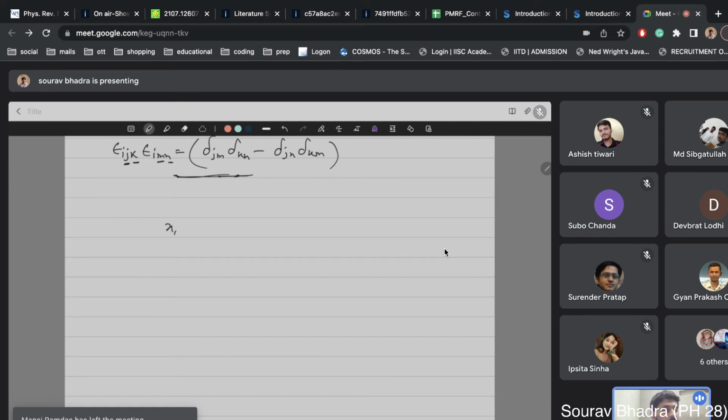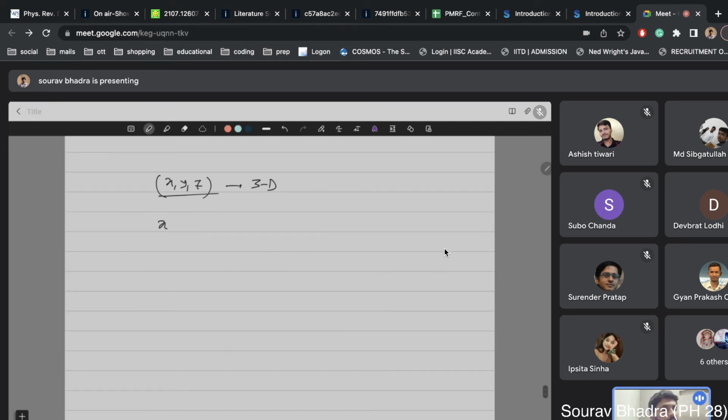So if you have x, y, z coordinates, say 3 for a 3D problem, and you have a relation like x square plus y square plus z square equals 1, suppose, then although it is a 3D problem, if you have the values of x and y, suppose this is 2, this is 3, then due to this relation you automatically know the value of z, right?